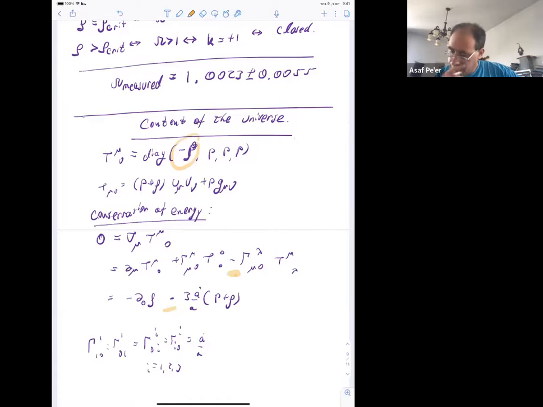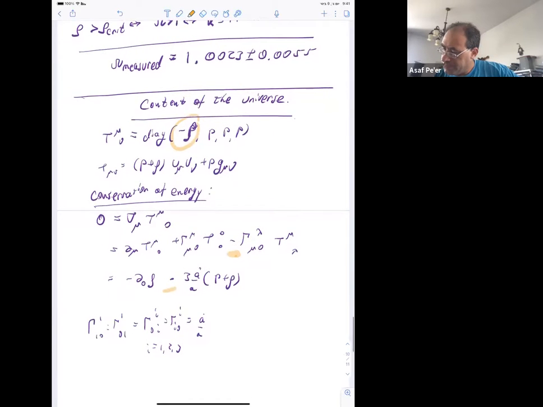Okay, so we have an equation which relates the change of the scale factor a with p and rho, the pressure and energy density in the universe. In order to make progress, we need to somehow connect the pressure and the energy density. Now, what equation connects the pressure and energy density?